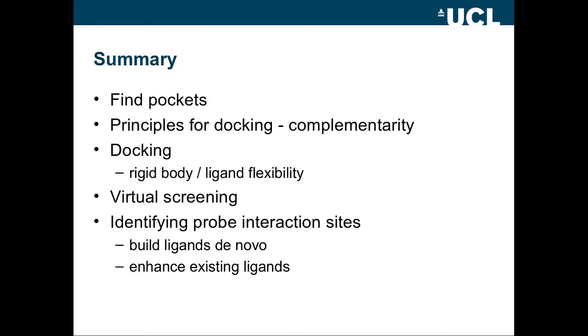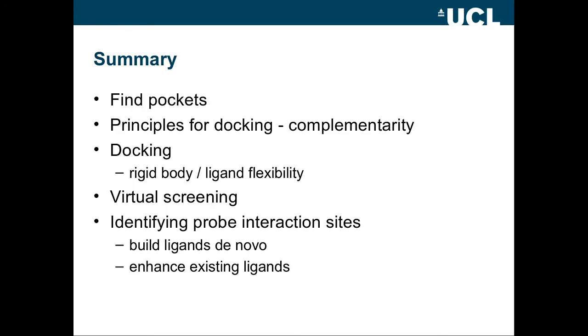We also talked about virtual screening, which is the idea of using this sort of approach to screen a large number of molecules or fragments of molecules, which you can then modify and enhance, as we saw with that example of a MAP kinase inhibitor, or you can use those fragments in order to assemble a complete ligand.